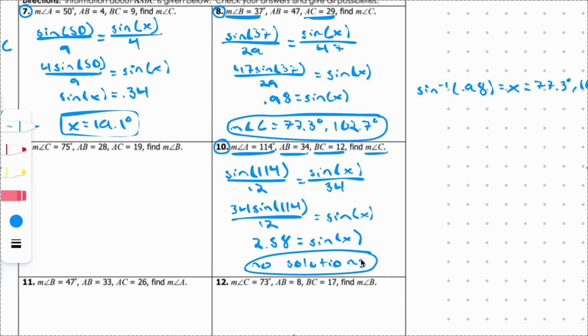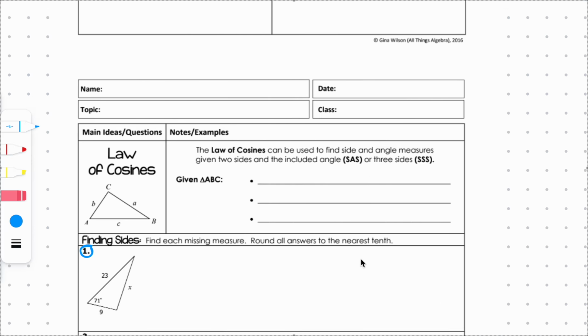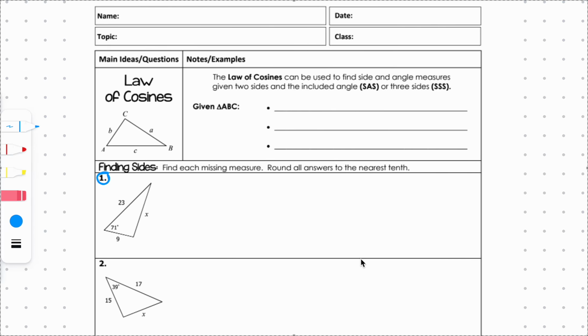Perfect. Okay, so now let's move on to law of cosines. So we have this same triangle where all these capital letters are representing angles, and then the lowercase of that same letter is representing the side across from that angle.